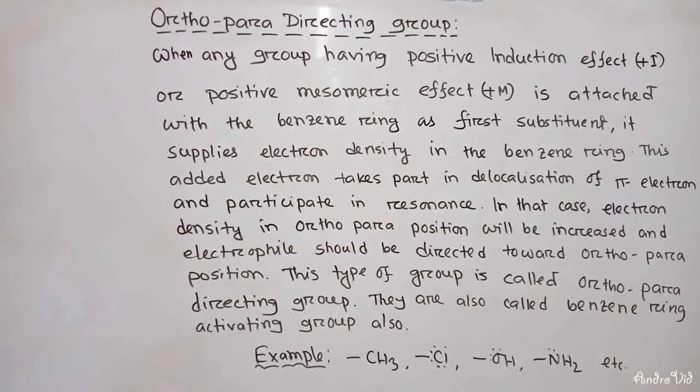As they direct any electrophile to the ortho para position, that's why these are called ortho para directing groups. Again, as they donate electrons towards the benzene ring and increase the electron density in the benzene ring, they are also called benzene ring activating groups.